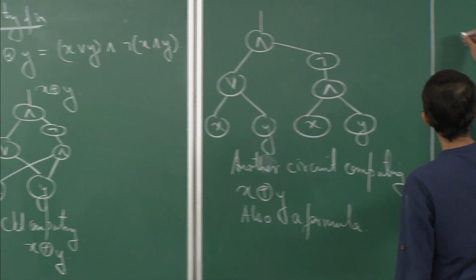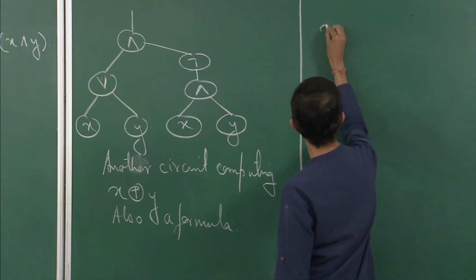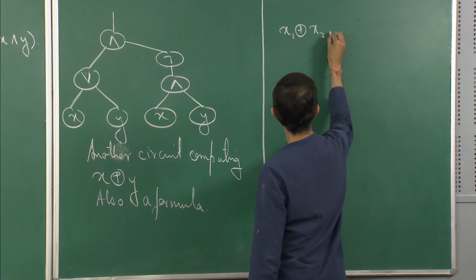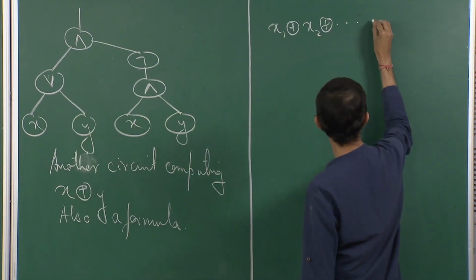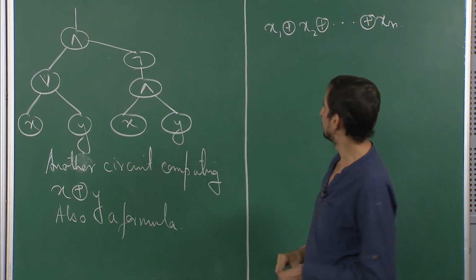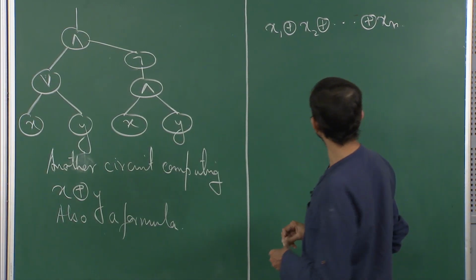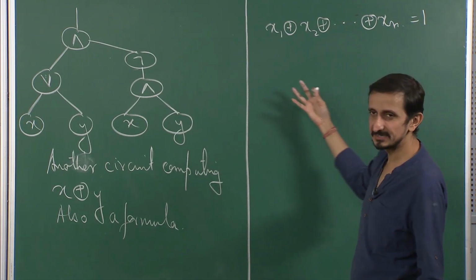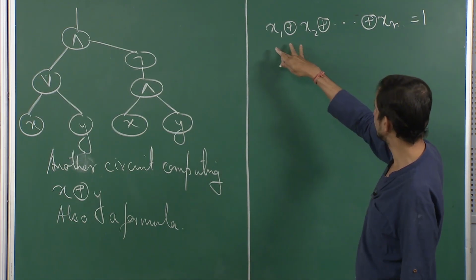Now here I have defined the parity function for 2 bits. What about parity of n bits? Suppose I want to define the parity of x1, x2 up to xn. Again, it is defined in the natural manner.